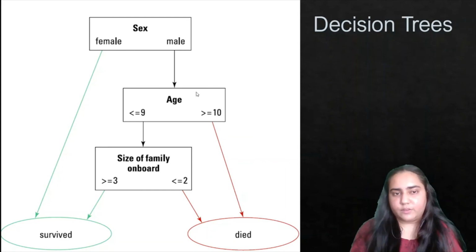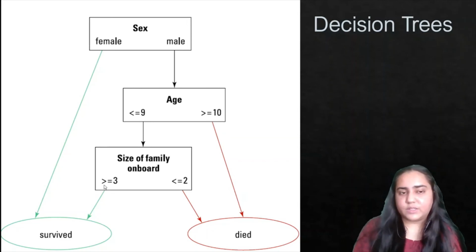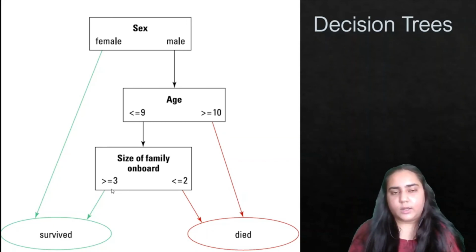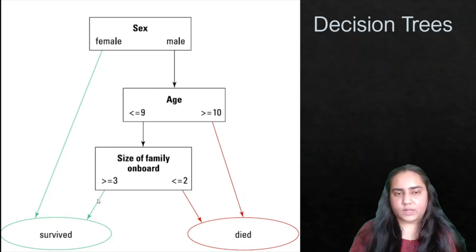Now, if the family on board was greater than or equal to 3, which means other than that person, there were 3 other family members or 4 or 5 family members, then that person most likely survived.